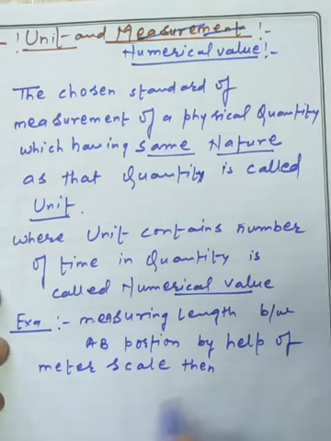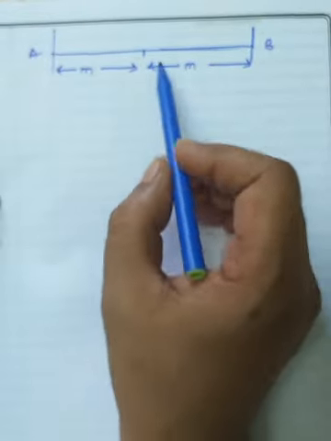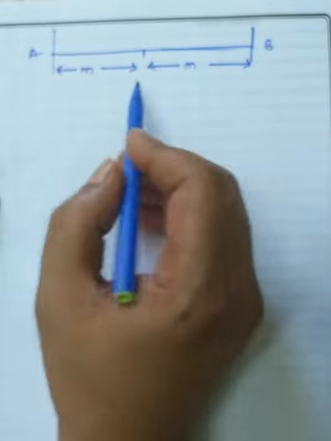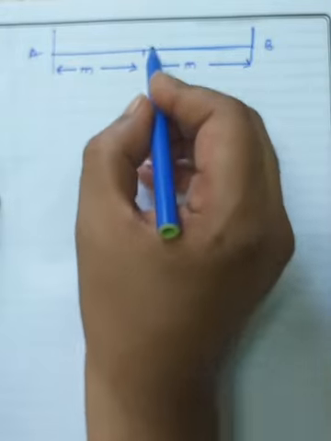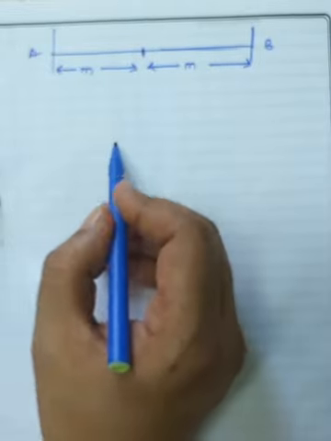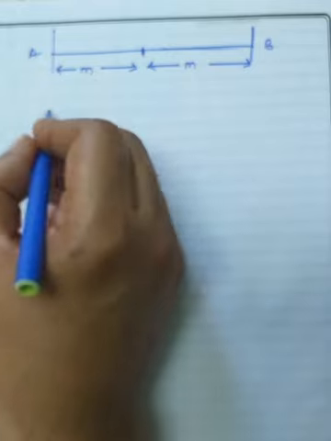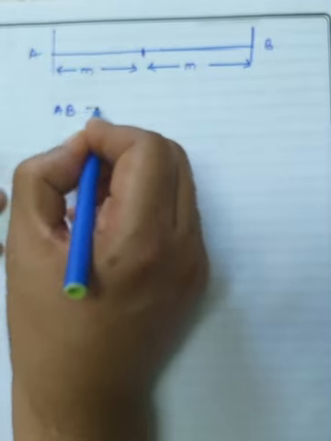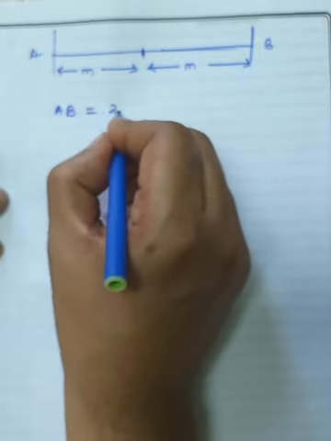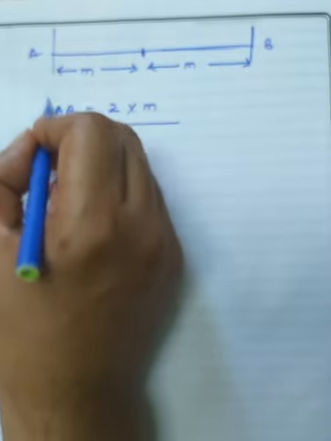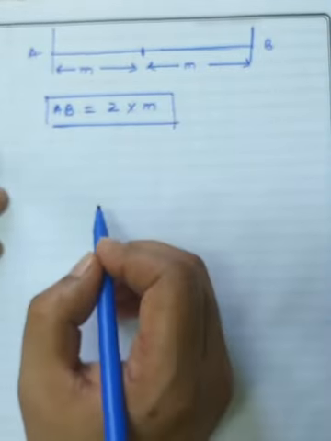Now I want to calculate the length between the portion AB by the help of the meter scale. So I am putting the scale 2 times between A and B, and the meter scale has the unit that is called the meter. So the length AB is 2 times the meter, and I get the answer that the length is measured as 2 meter.